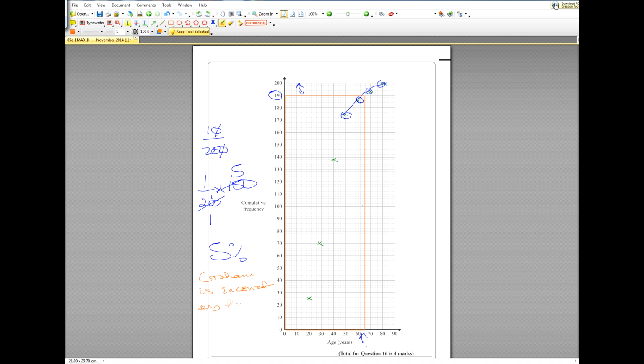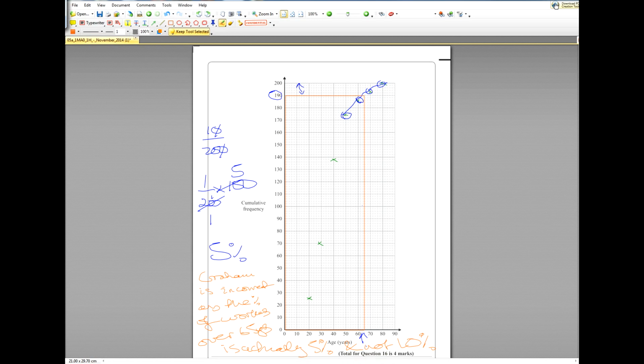As the percentage of workers over 65 years old is actually 5% and not 10%. Lovely.